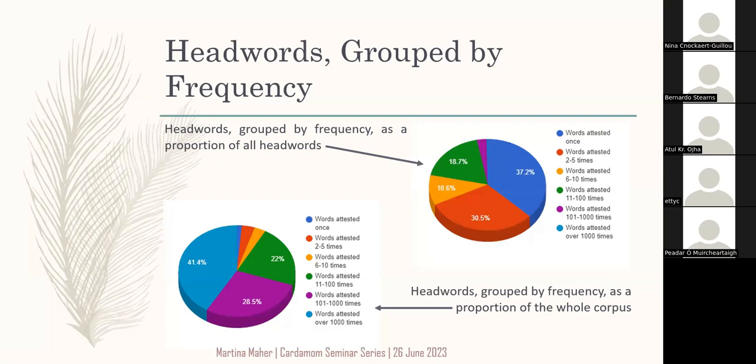Aguses are all over the place, and it is the number one word in our corpus, so it appears quite a lot. So even though those words which only occur once might be more valuable because it's an unusual attestation, they don't take up a huge amount of space in the corpus overall if we're looking at it in terms of this graph on the bottom left.